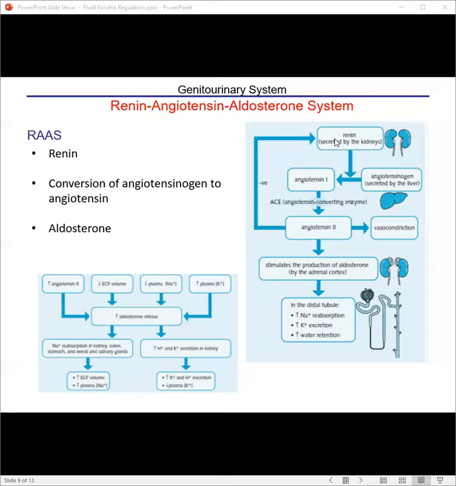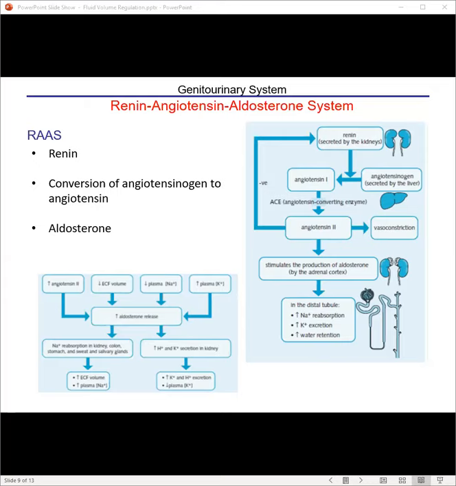The mechanism by which this happens is that a fall in sodium concentration leads to decreased ECF volume, because less salt means less water, right? Water just follows where the salt is. So if there's less salt in the ECF, there will be less water in the ECF, and this will lead to increased sympathetic innervation.